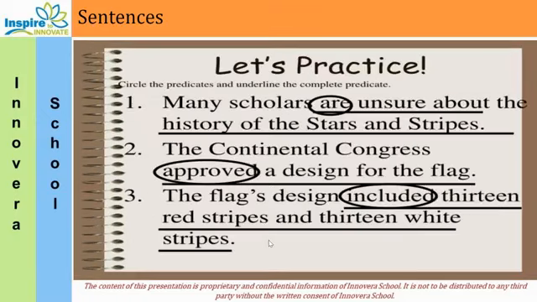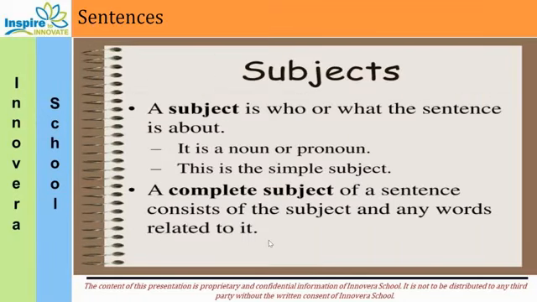So what we studied till here, subject and predicate, this is the gist. Subject means any noun or pronoun when it is a simple subject, but when it is a complete subject, it gives you more information about the subject, either a noun or a pronoun.